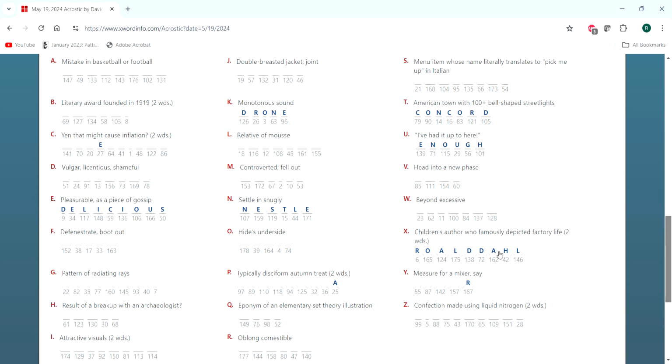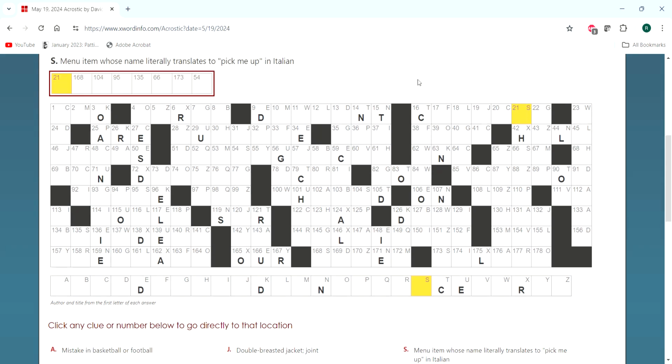Menu item whose name literally translates to pick me up in Italian. I do not know. It's most likely a dessert, which would be what? Gelato, cannelloni. But it could also be, since pick me up sounds like caffeine or coffee, maybe this could be espresso.